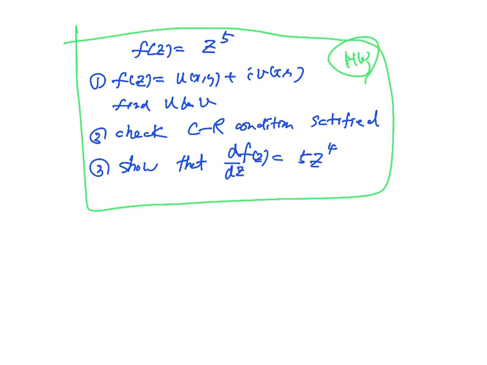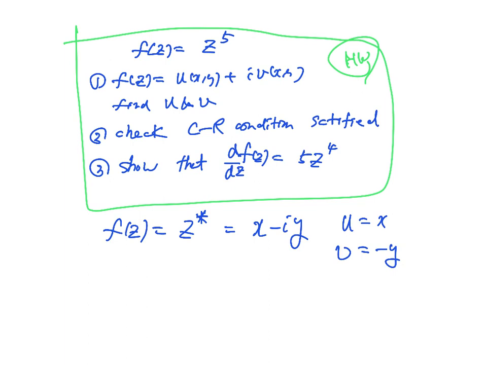Another good exercise, if we have a complex conjugate, this function is not differentiable. So u is x, v is minus y, right? So partial x partial u is 1, partial y partial v is minus 1.